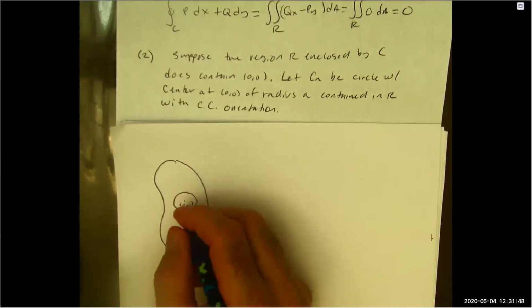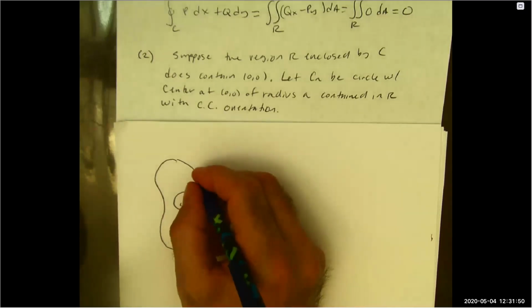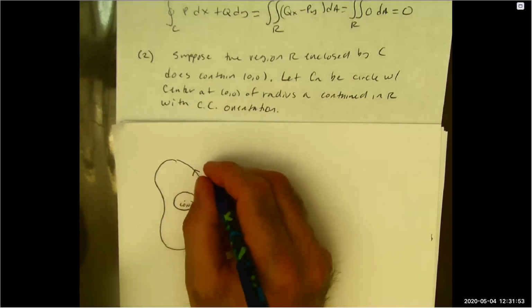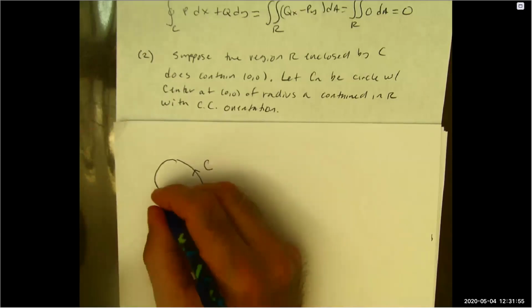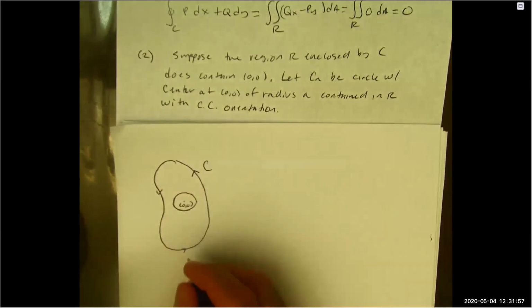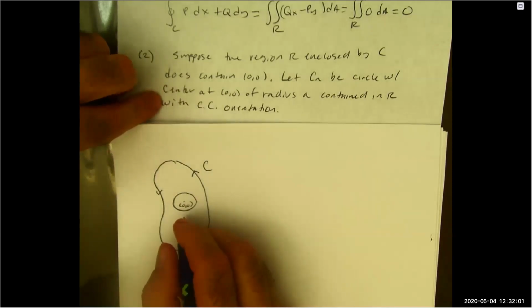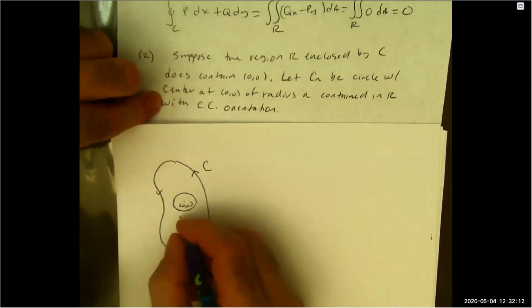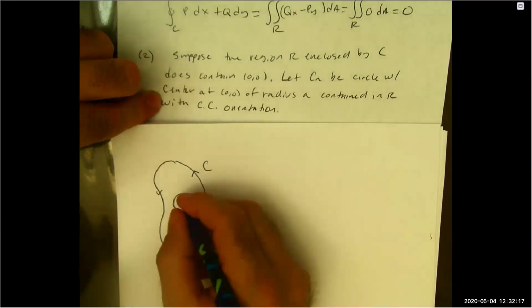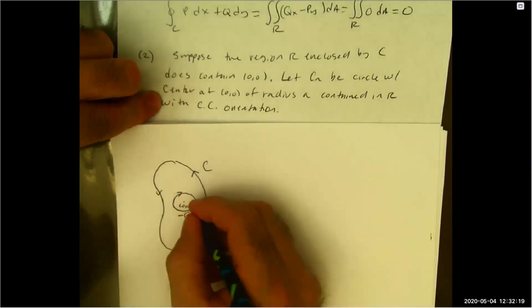And then your C_a. So C has counterclockwise orientation. And remember that we've defined C_a to have counterclockwise orientation, but the inside curve needs to have, like what we talked about before, clockwise orientation. So we're going to look at minus C_a. If I look at minus C_a, that's going to have clockwise orientation.